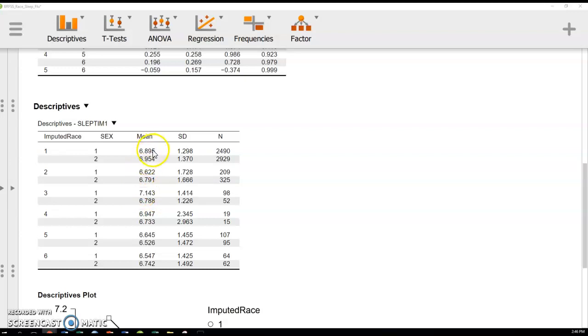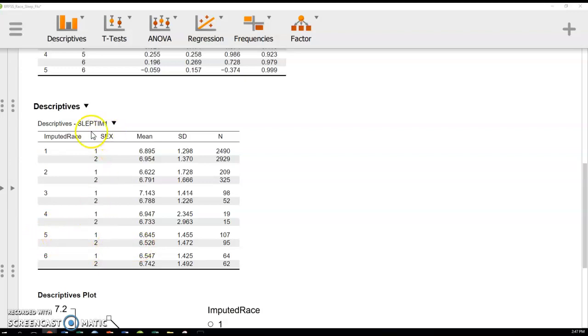What I ask you is to find the least one, which would be, in my case, 6.526 right here. So I say describe it in plain English. What I mean is, I don't want you to just say, okay, 5.2 had 6.5. That's not plain English. These 5 are people. They're Hispanics. So this would be the Hispanic female group.